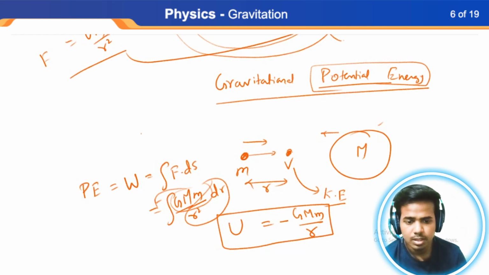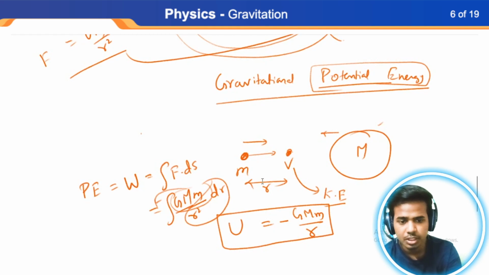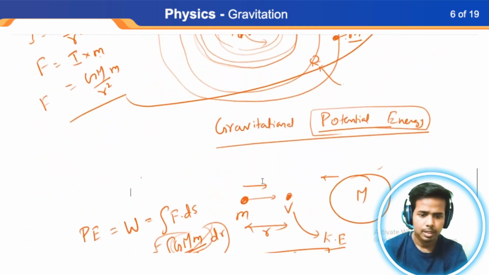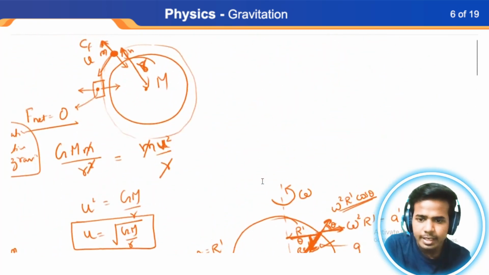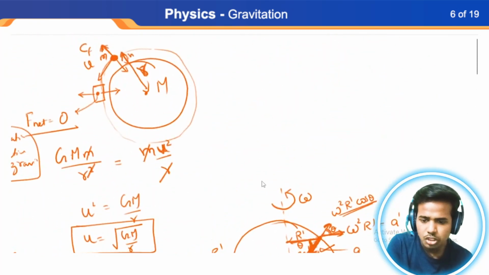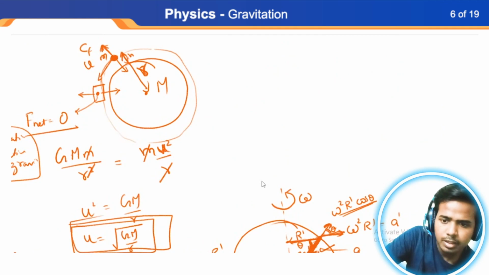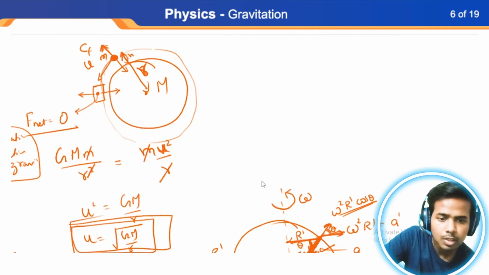So this was the gravitational potential energy, and what was the velocity that we had calculated? The velocity was this one, right, for a satellite. And what would be the potential energy?